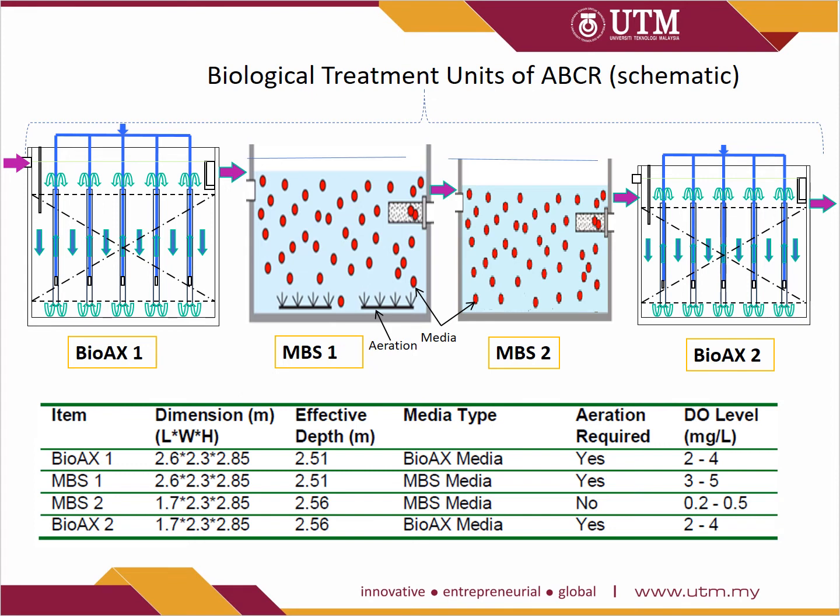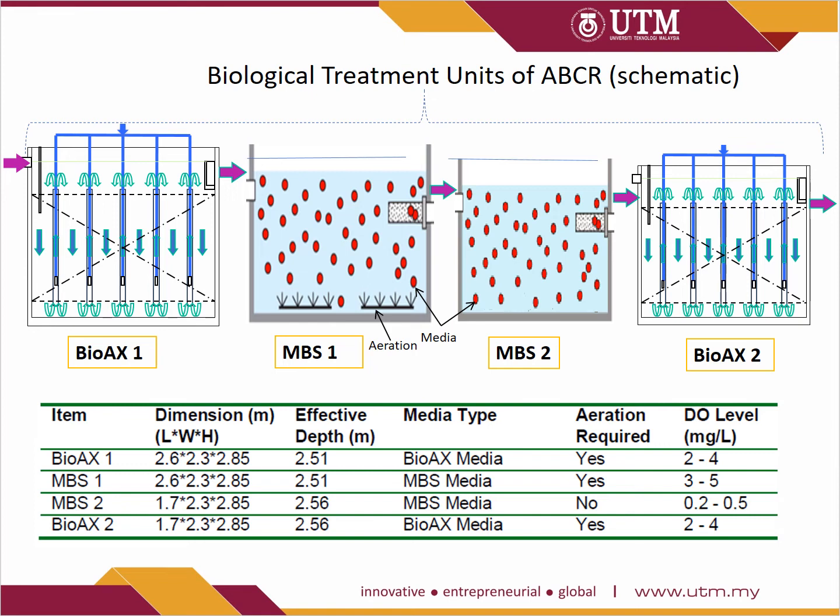And only this system will not need any aeration, that's why the DO level, the dissolved oxygen level, is quite low. But typically for any aerated tank, the DO level is sustained at 2 to 4 milligrams of dissolved oxygen per liter.